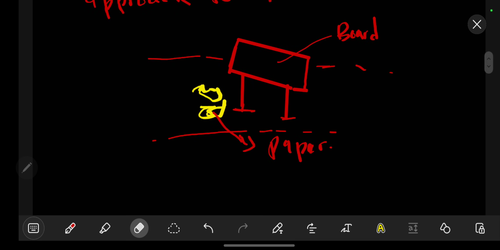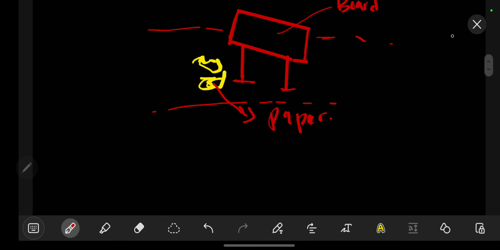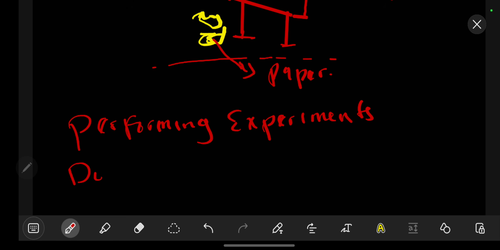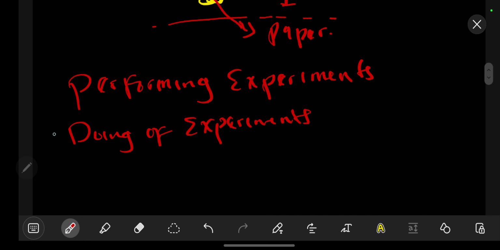Now under the experimentation, this is where we now have different things like the actual doing of experiments or just doing experiments. The other thing that we have is just making careful observation.